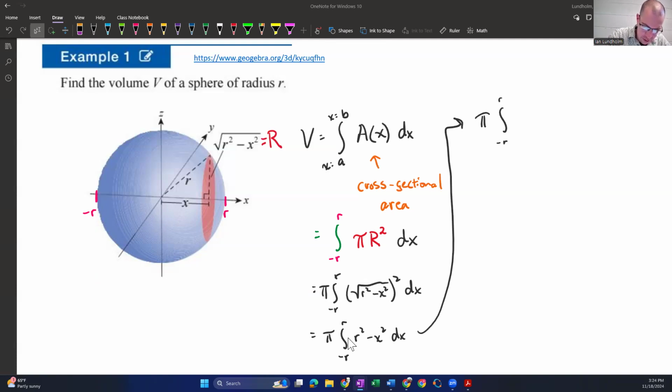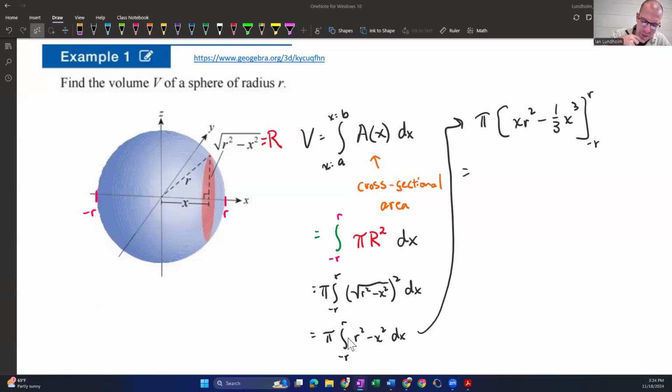We're just going to do the antiderivative here. Sorry. Antiderivative of r squared is x r squared. Antiderivative of minus x squared is negative 1/3 x cubed, from negative r to r.